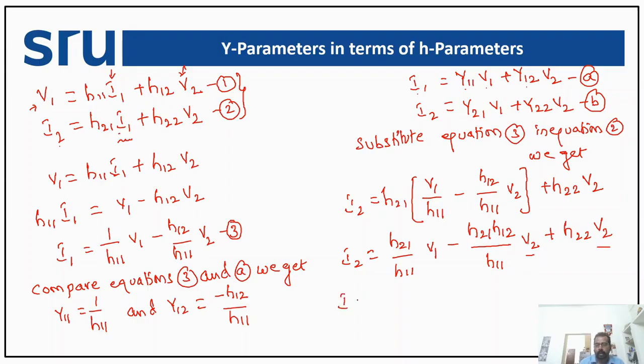So my I2 is equal to H21 divided by H11 V1 plus (H22 minus H21 H12 divided by H11) V2.